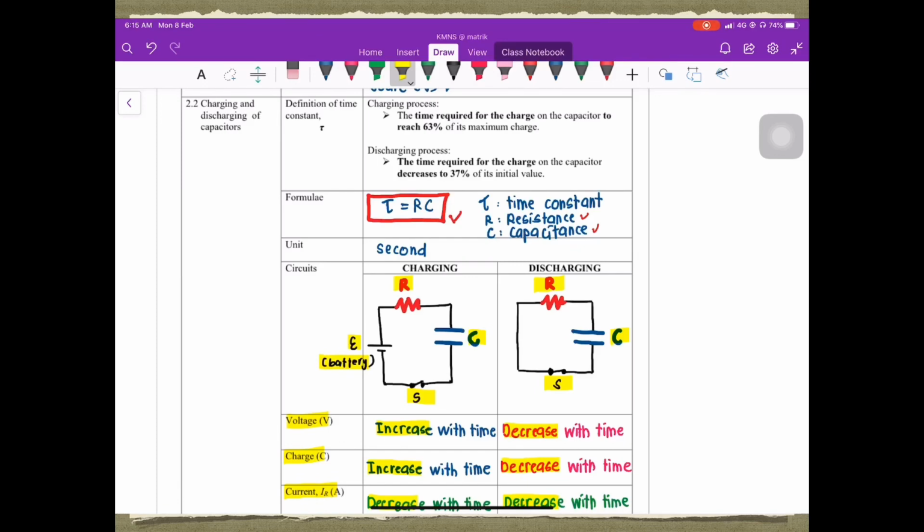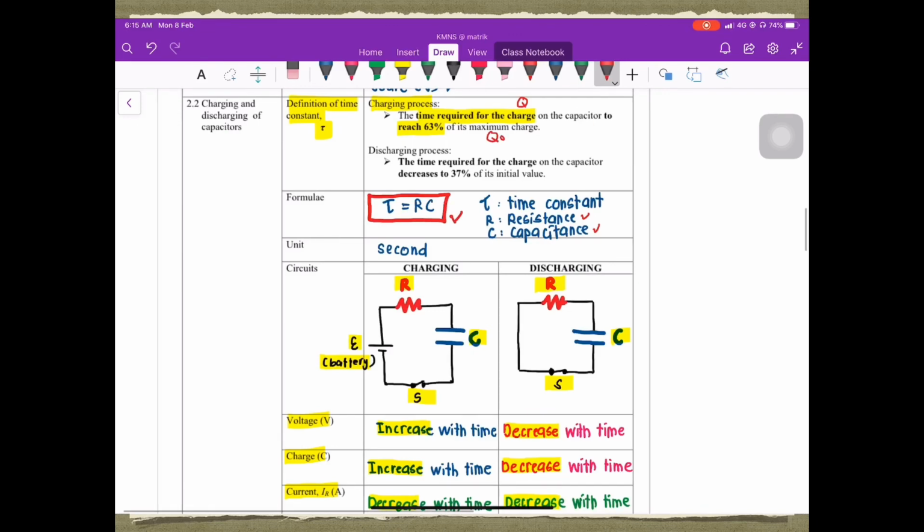Charging and discharging of capacitor. We will start with the definition of time constant. The symbol is tau. For the charging process, time constant is the time required for the charge Q on the capacitor to reach 63% of its maximum charge, Q0.